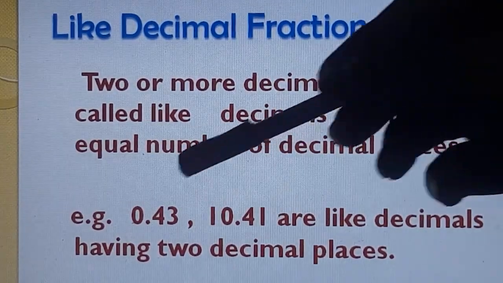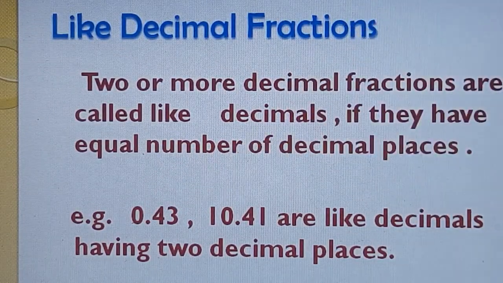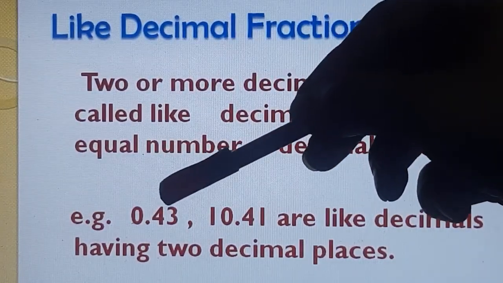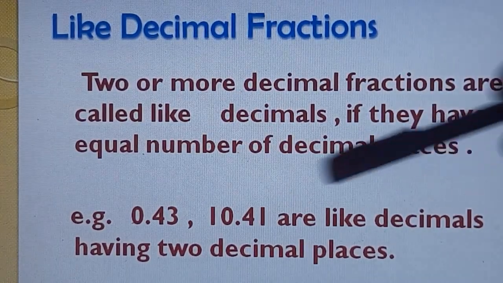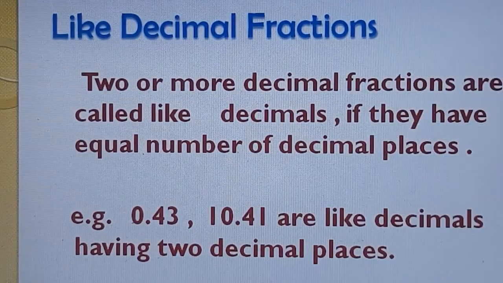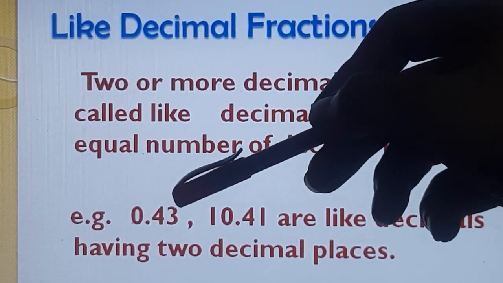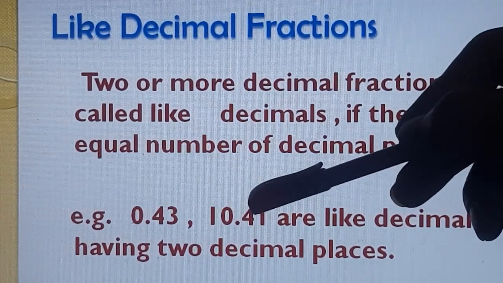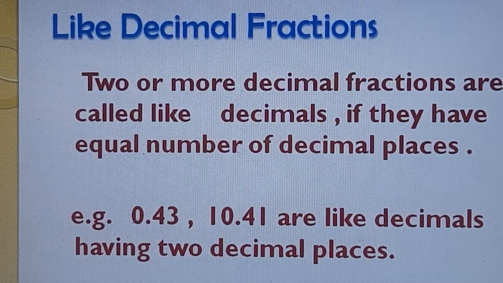How we are reading beta? After decimal we will read single digit. 0 decimal 43, 10 decimal 41. So these are like decimals having two decimal places after the decimal. After decimal 1 and 2, two decimal places. So these are the examples of like decimals.